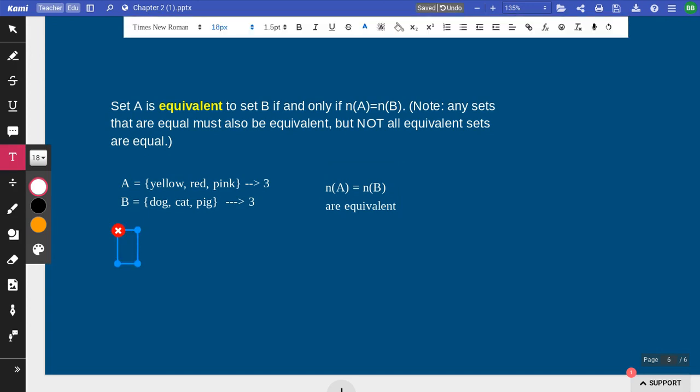Let's try one more example for equivalent, and then I'm going to test you all.